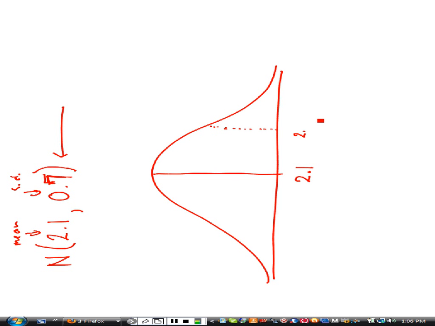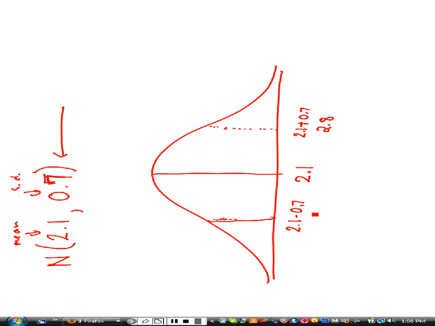And one below, this is going to be 2.1 minus 0.7, which gives us 1.4.